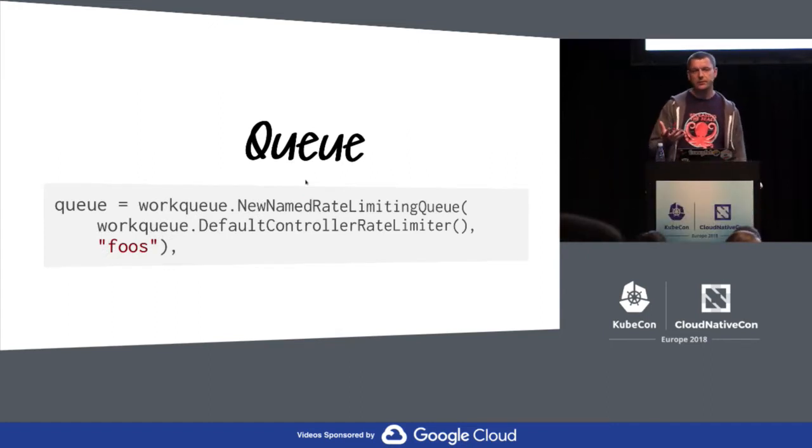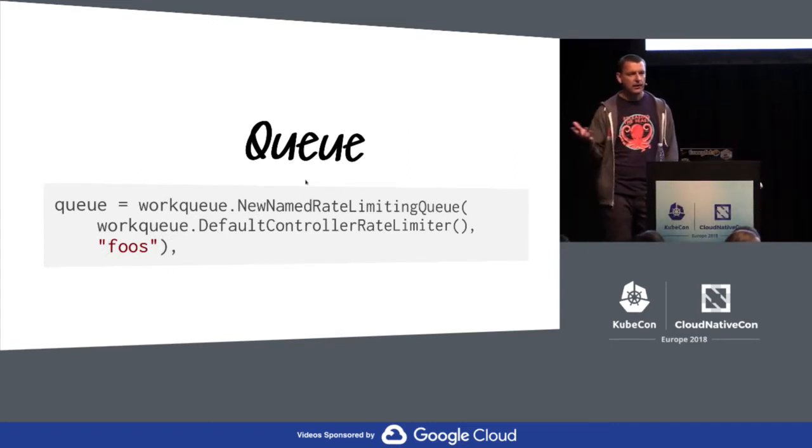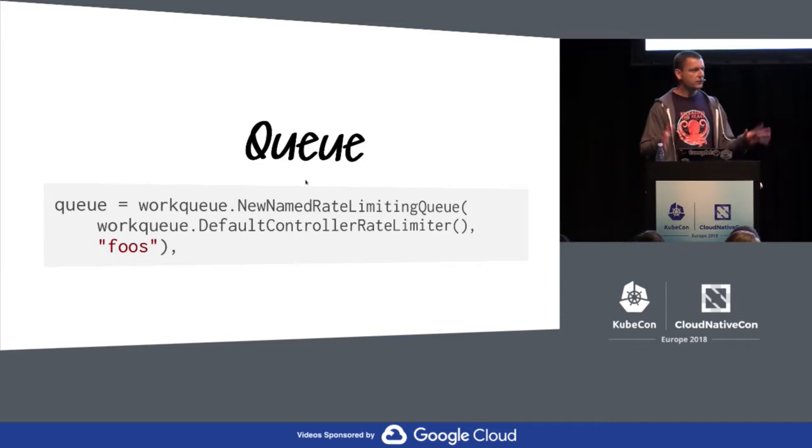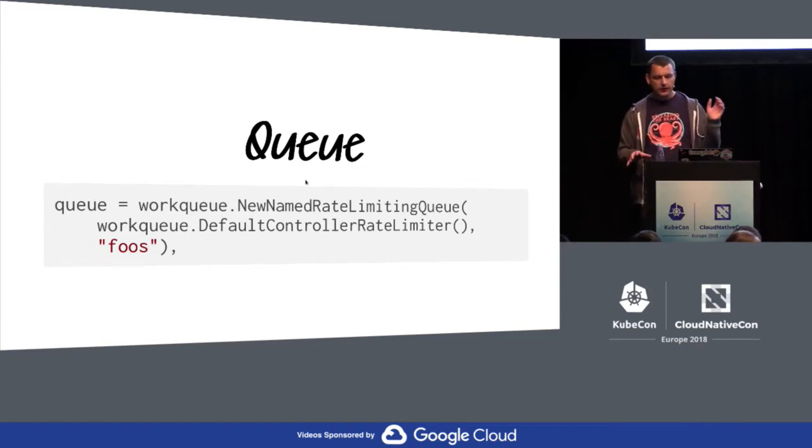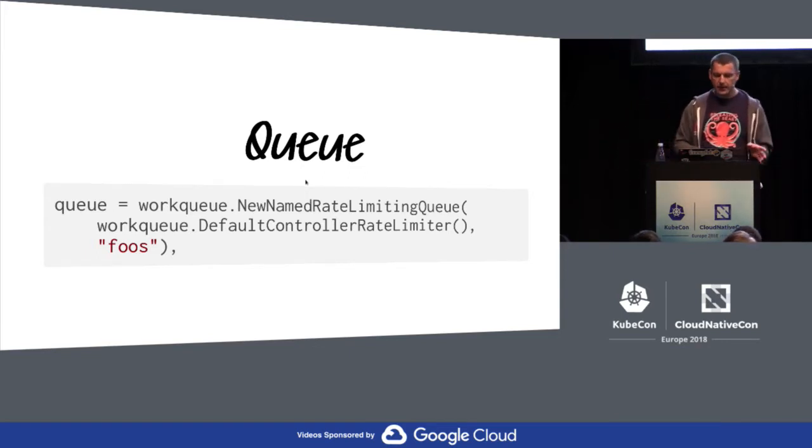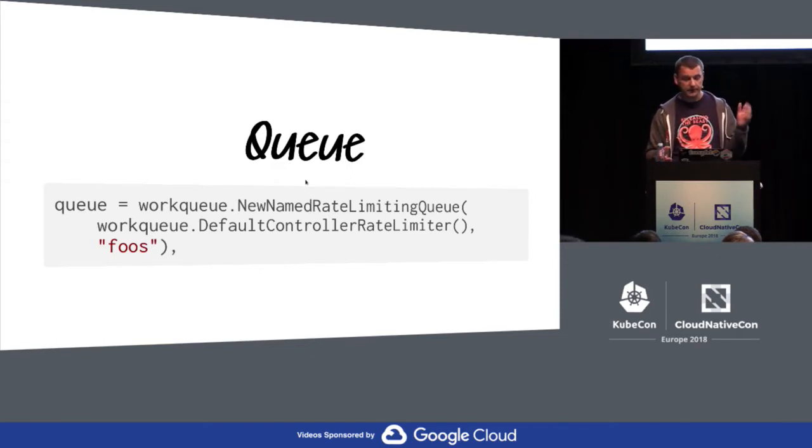The queue is a pretty simple topic. Are you familiar with queues? Generally, that's a first in, first out queue. There's no magic behind it. You can set it up pretty easily. There are several rate limiters available within the queue project, the default one, and the other ones are the exponential failure rate limiter, and a fast slow rate limiter.